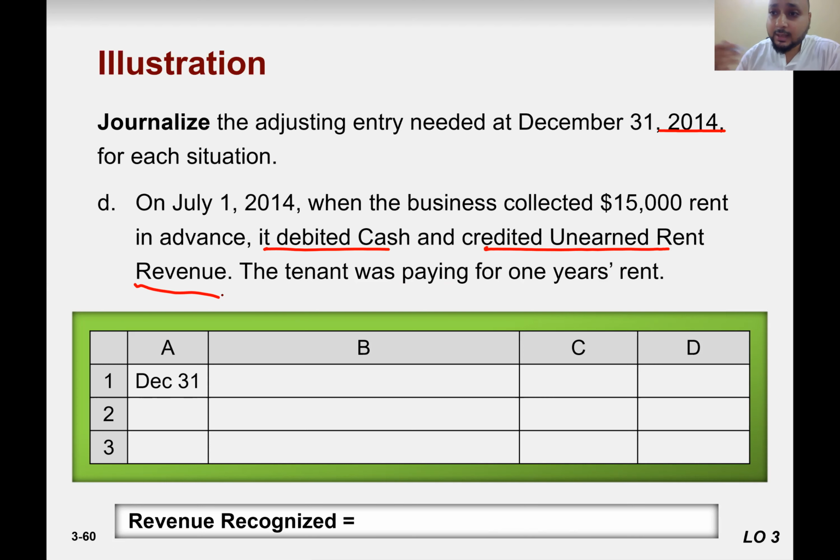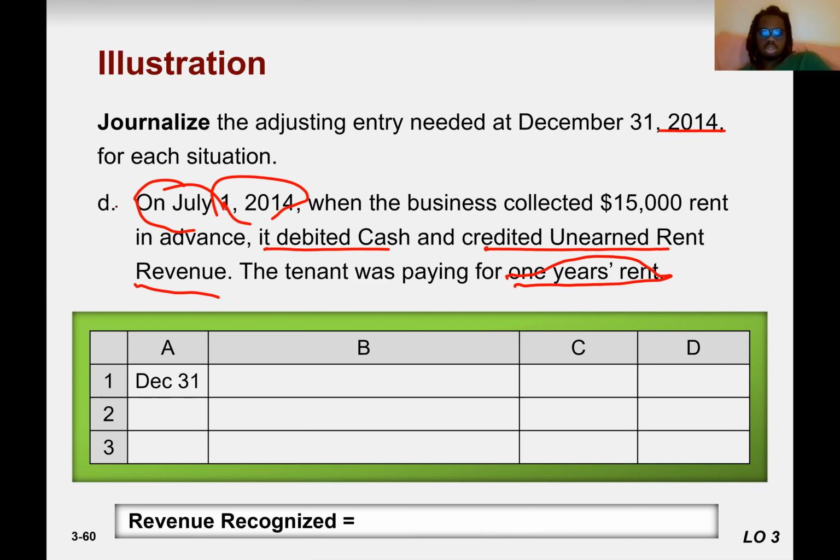So our sales or our revenue would be rent. The tenant was paying for 1 year rent, right? Since we received it in advance on July 1st, 2014, how much did we collect for the whole year? For the whole 1 year rent, 12 months.